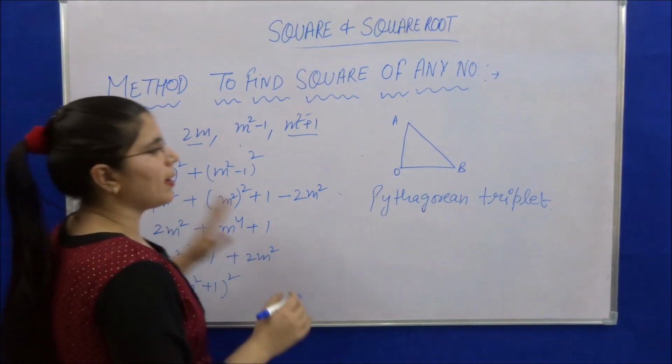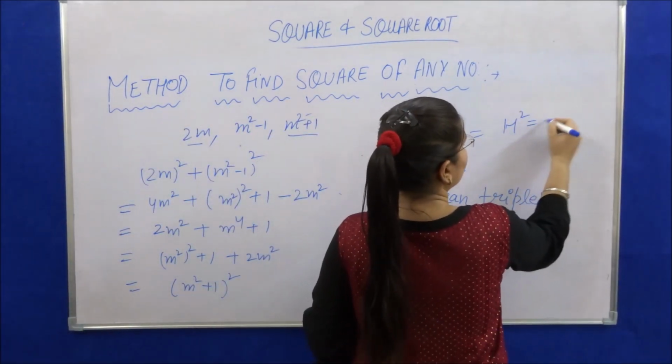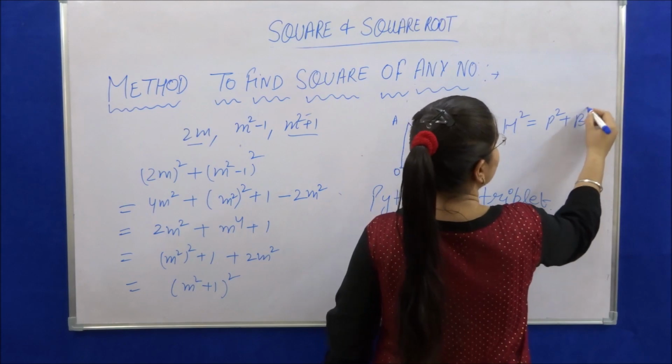So if we remember the Pythagoras theorem result, that was h square equal to p square plus b square.